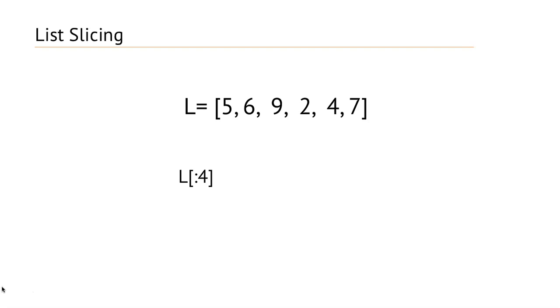So L of :4 will return the values starting at index number 0 and going up to 4. This will give the value of index number 0, that is 5, the value at index number 1, that is 6, the value at index number 2, that is 9, and finally the value at index number 3, that is 2.